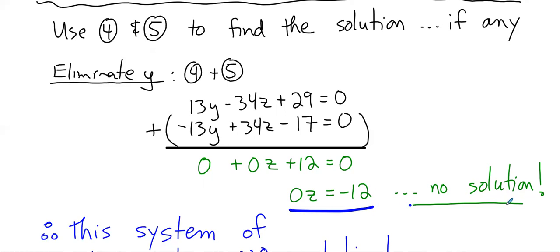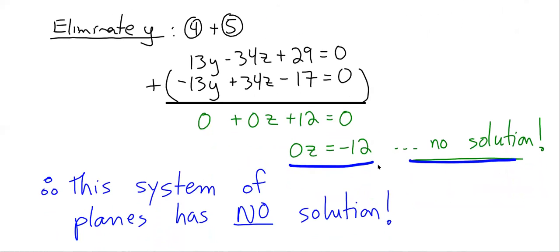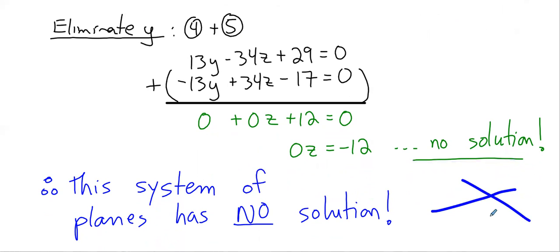So there's no solution to this system. If there's no solution, then we have this kind of situation: plane 1 not parallel to plane 2, and not parallel to plane 3. None of these planes are parallel, so they don't intersect in something consistent between all three of them.